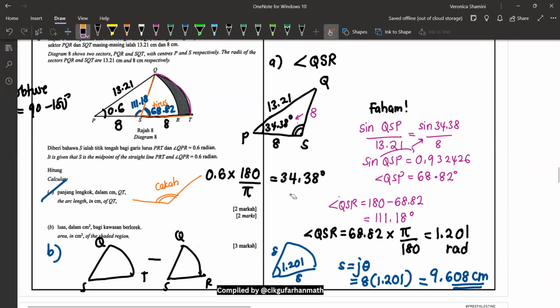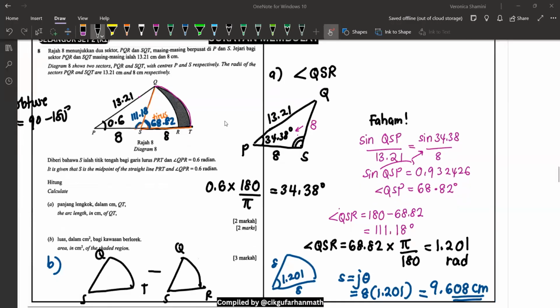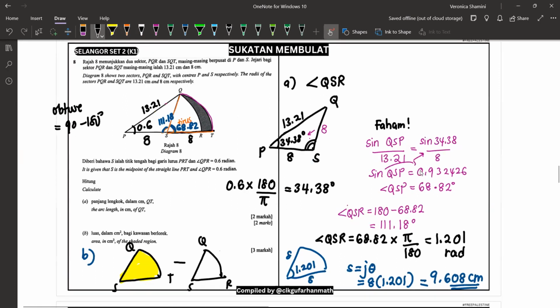Okay, first ni teacher rasa teacher padam. Sudah, let me erase this one. Okay, so here teacher cari dulu. Okay, this whole thing luas of this. Okay, sekejap. So far information kita ada kan? Okay, let me do this side lah.